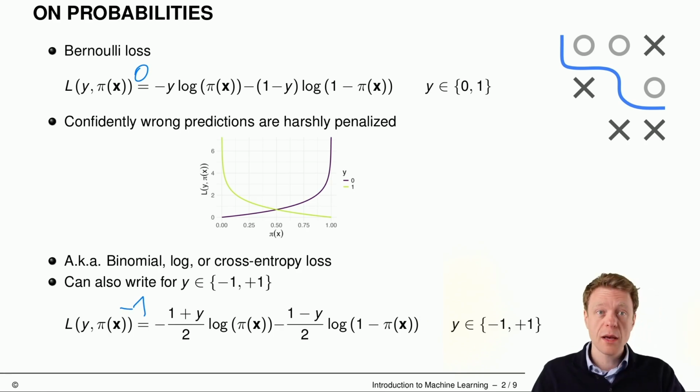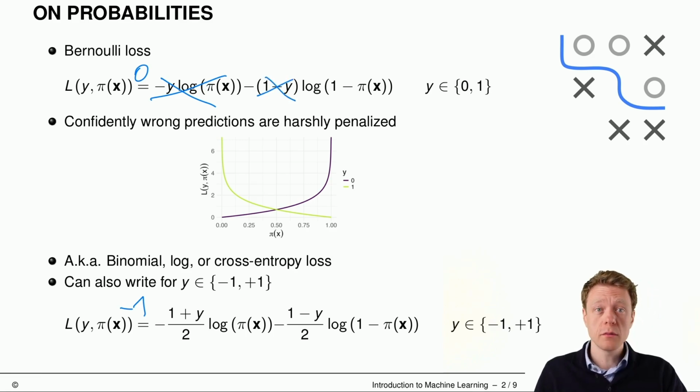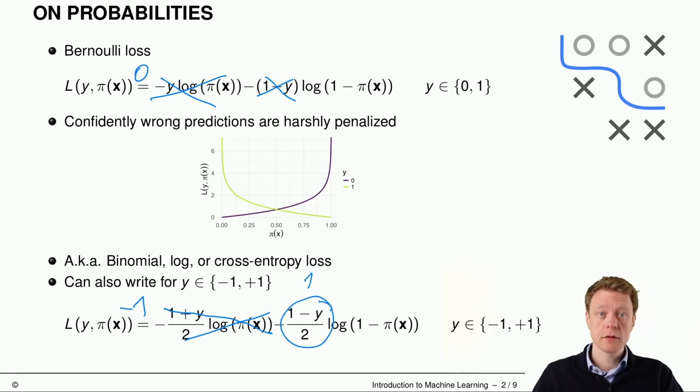At the bottom, what happens then? This part goes away. This part here is 1, so we just have minus log of 1 minus pi. And equivalently, that part goes away, and this here is just 1, right? So that's the same thing.